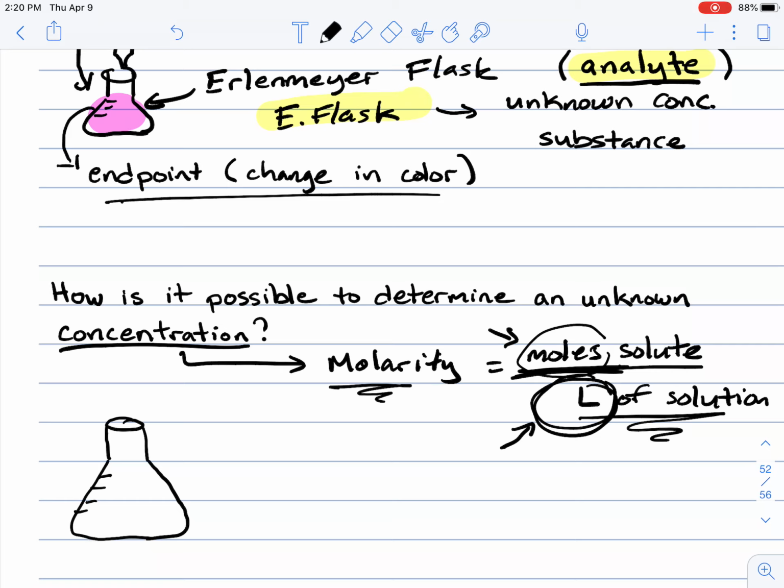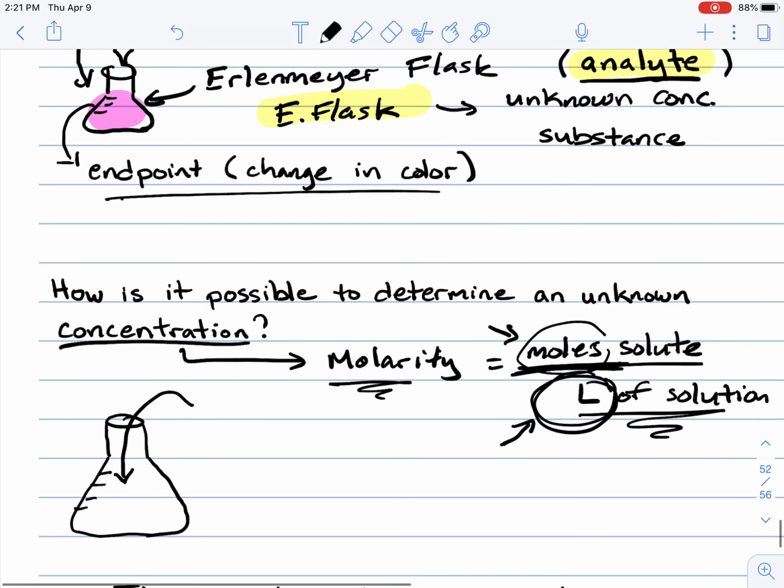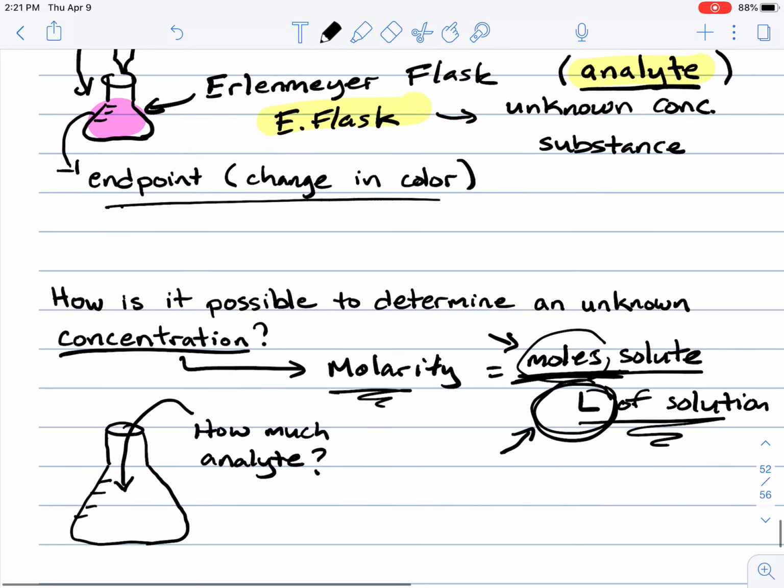How do we determine the volume of the solution? Well, the volume of the solution can be determined by how much of the analyte is placed inside the Erlenmeyer flask. That's something that you will measure out on your own using a graduated cylinder. Let's just say that we have 5.00 mL.